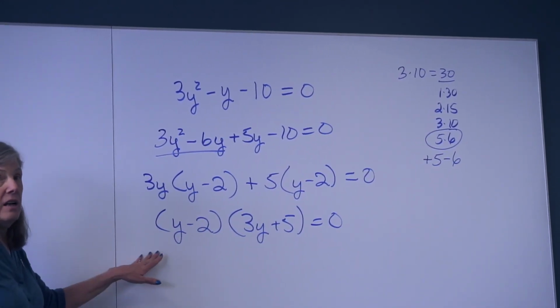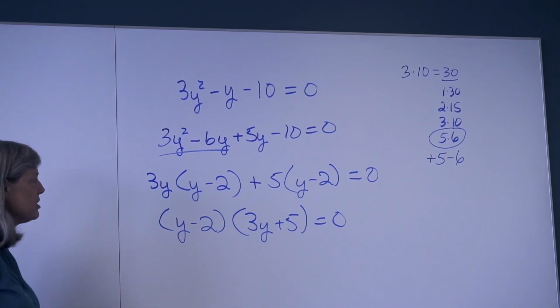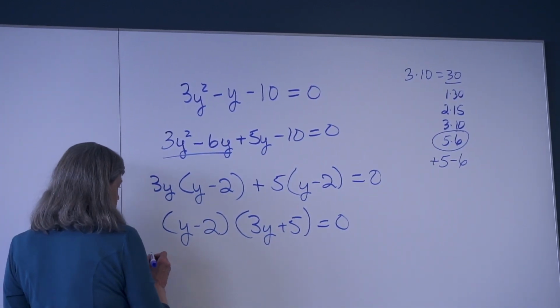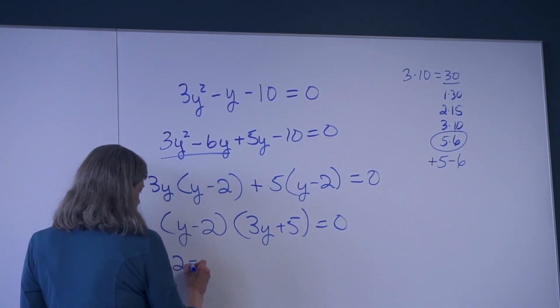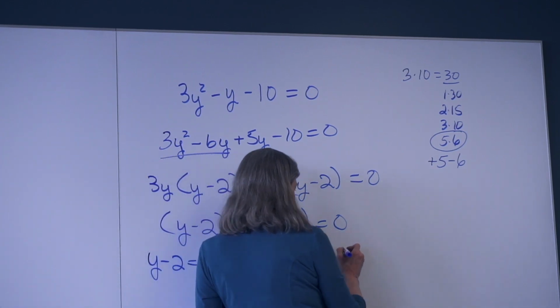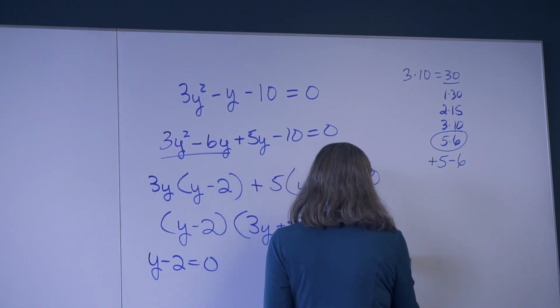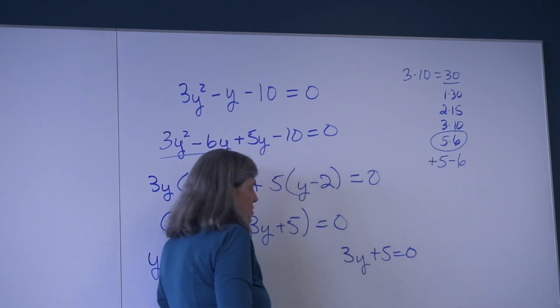Okay? Now it's completely factored, so I just set each of my factors equal to 0 separately. Keep them far apart. And solve.